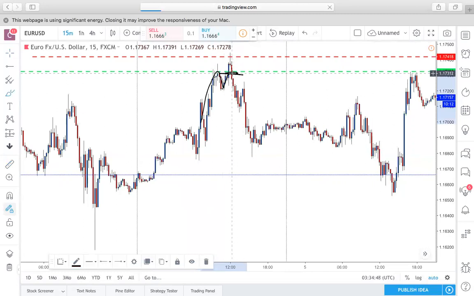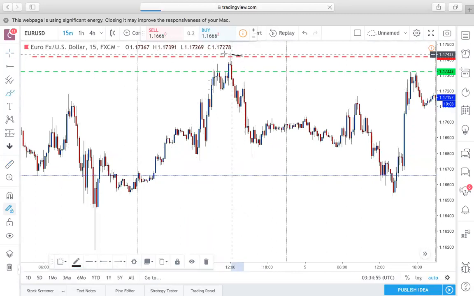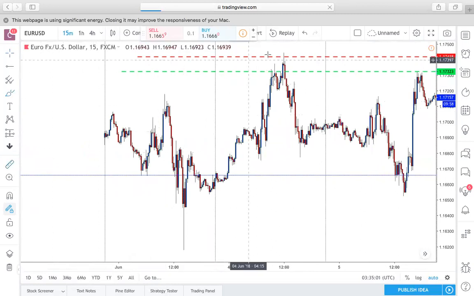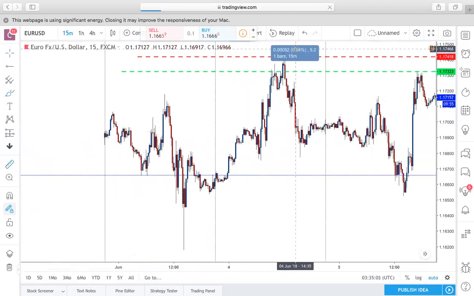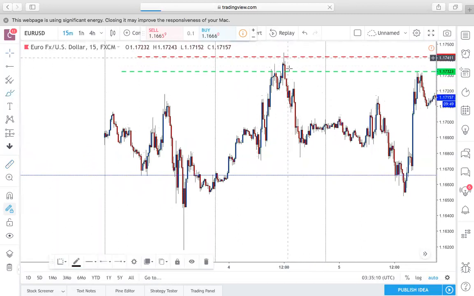People start selling and they place a stop loss right above here, and get stomped out, because remember the spread is also added on to that. So they're getting stopped out, and then the market reverses.